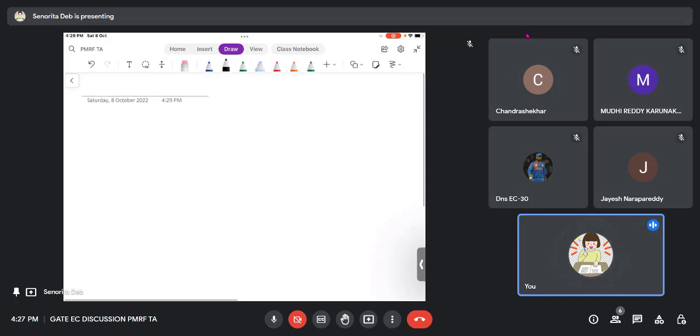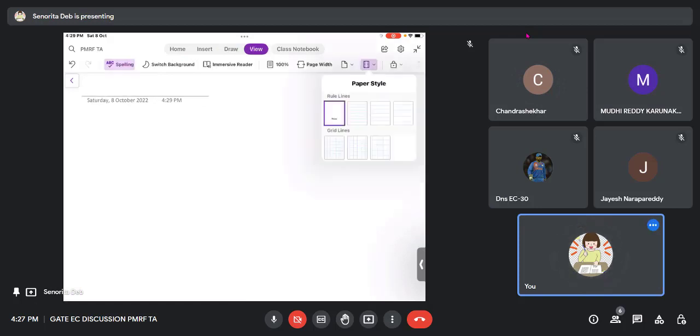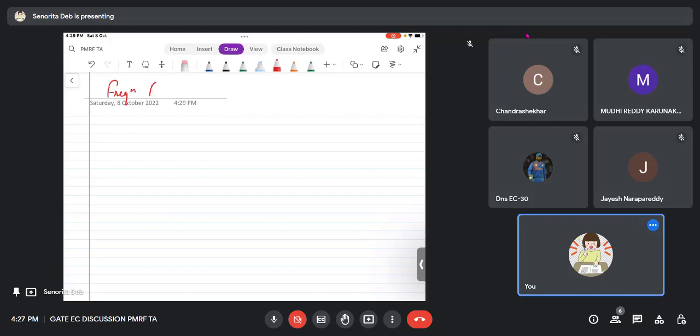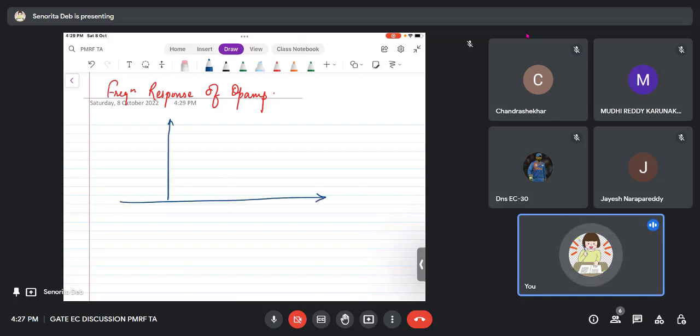So now let us quickly see the frequency response of op amp. The graph that normally tells you the frequency response of op amp is this one.